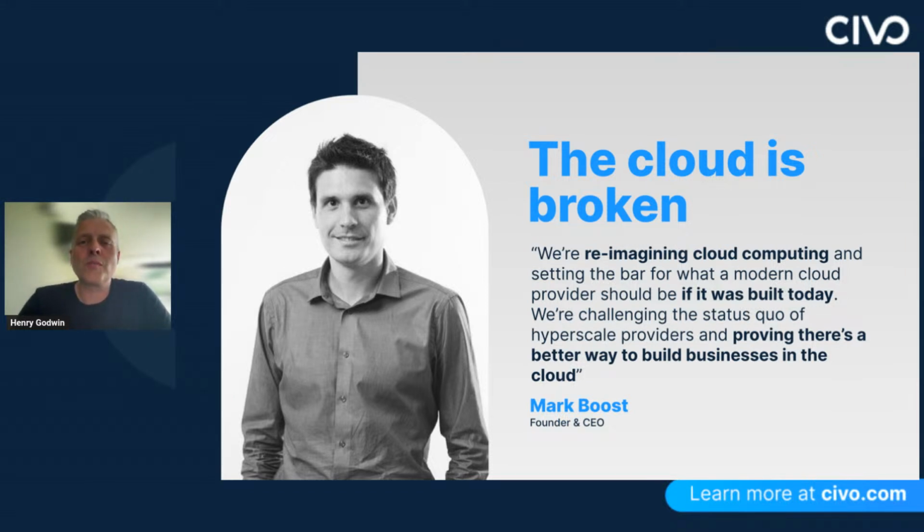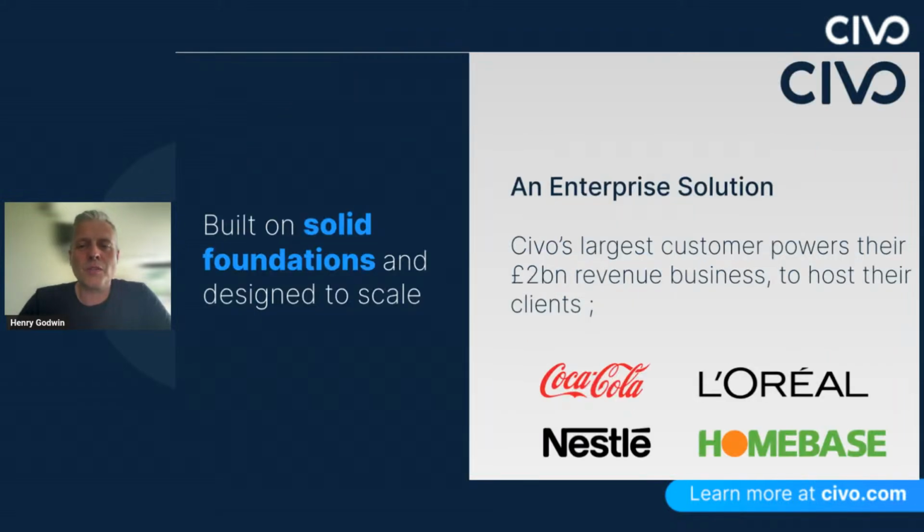Just to put some meat on the bones in terms of substance behind Civo's evolution, this is an enterprise solution, and Civo's largest customer powers their $2 billion revenue business to host clients like Coca-Cola, L'Oreal, Nestle, Homebase. So the stack is built on very, very solid foundations, and it's designed to scale.